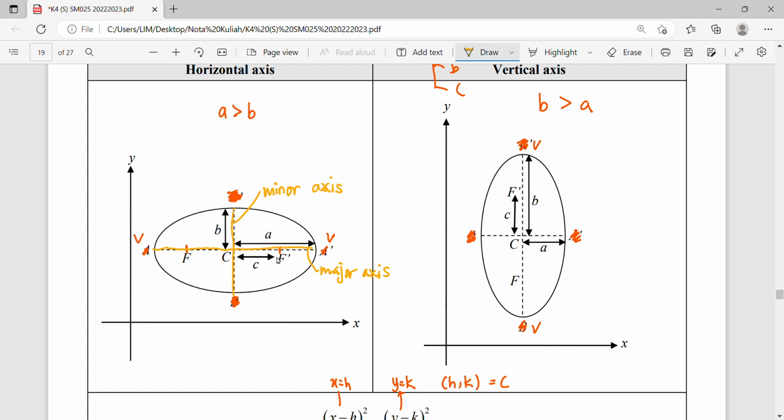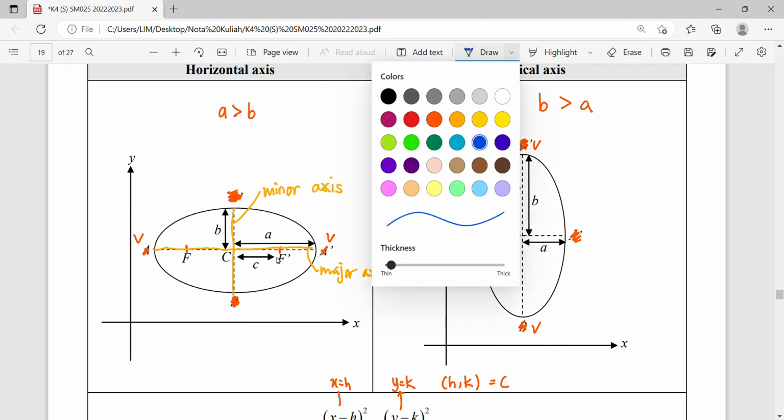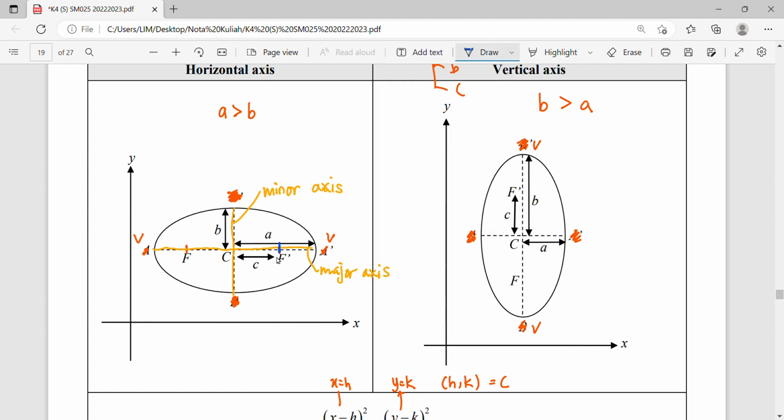Focal point will be located at major axis. So here will be our focal point. So inside an ellipse, we will have center, we will have focal point, and we will have vertices. So how to find these vertices, focal point?